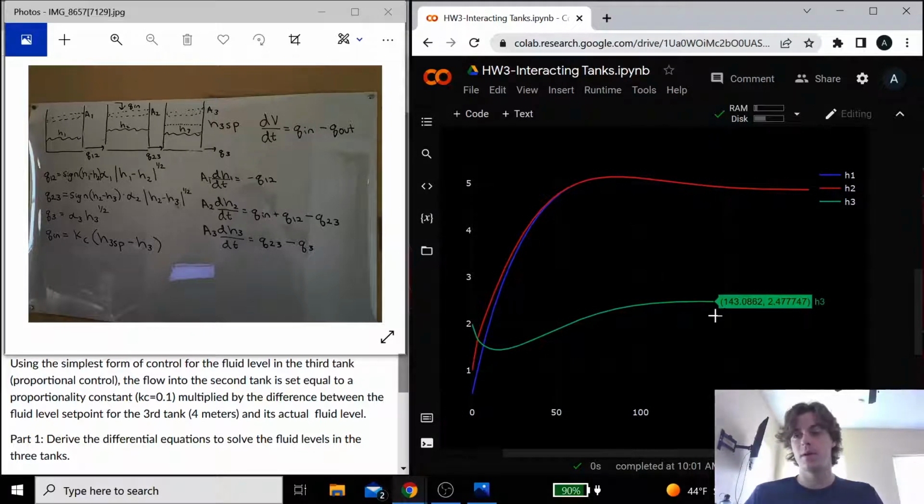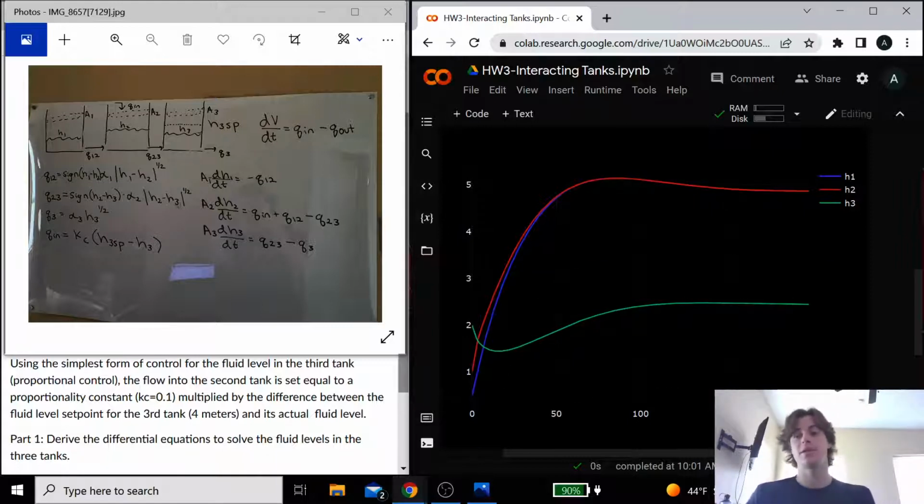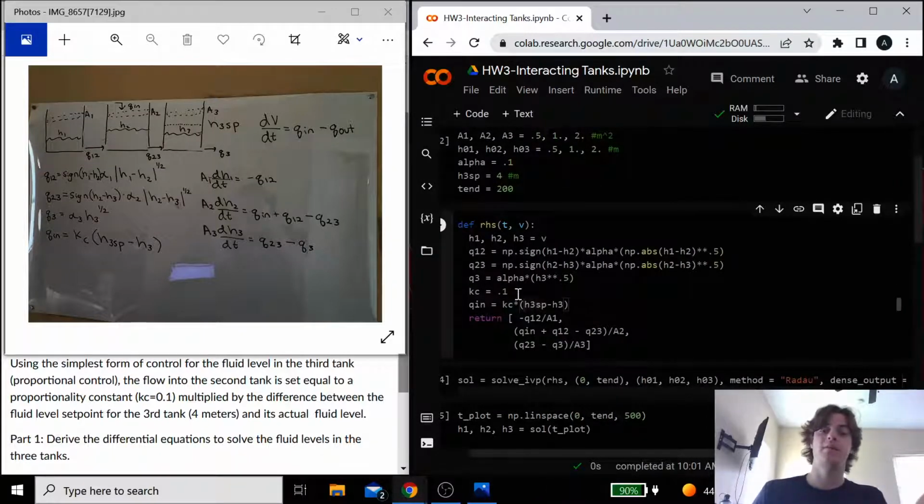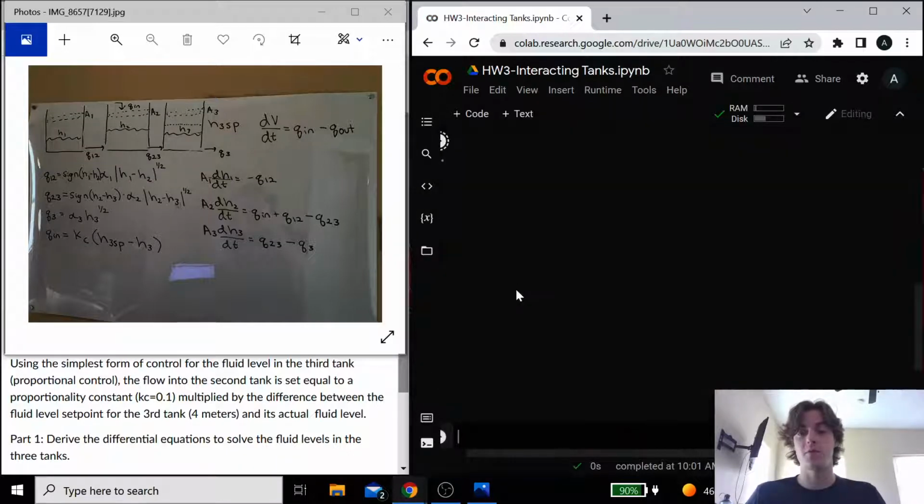So let's see, we set the height of tank 3 to be 4, but if we see at steady state, it's only about 2.5. So the reason for this is because we are using a proportional control. So these actually have quite a bit of error. And one of the ways to get closer to our set point is to increase our value for the proportional gain.